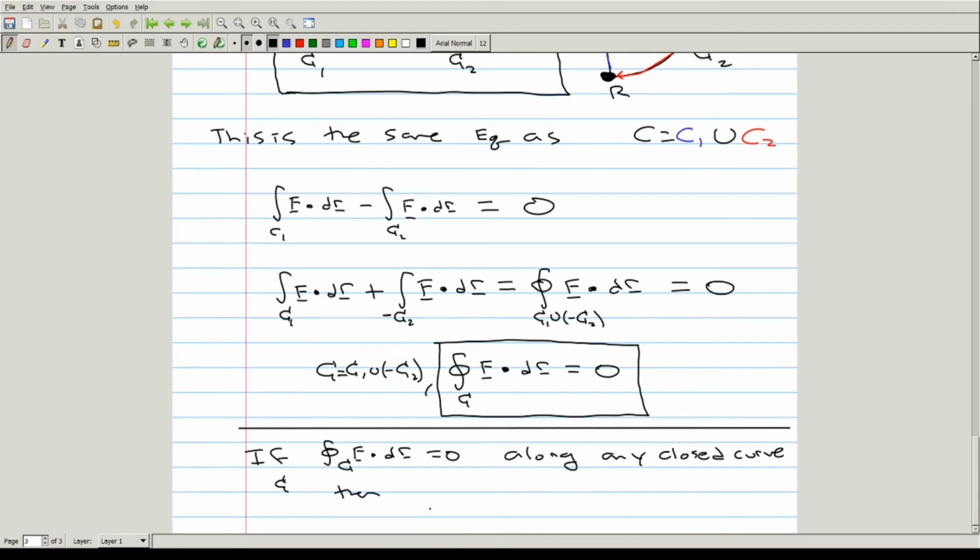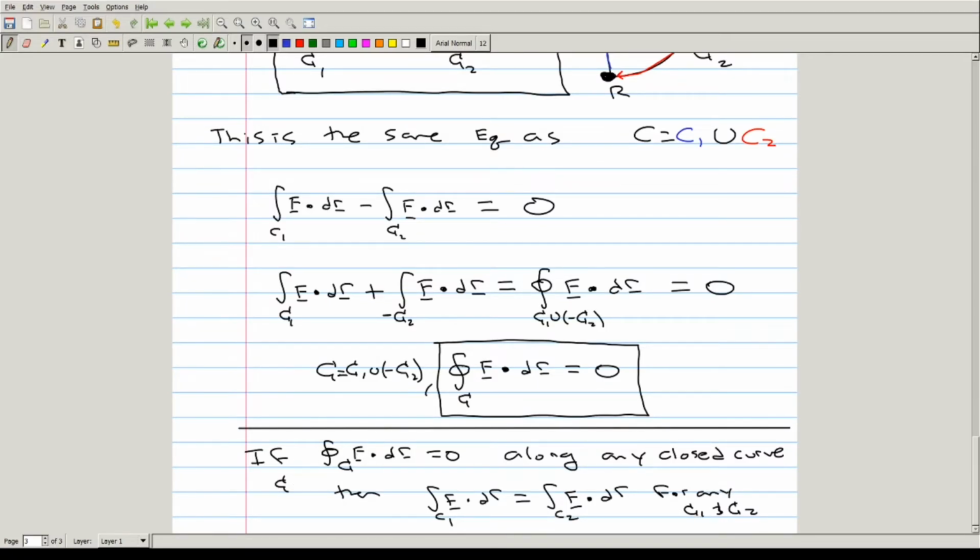then the general line integral of f along C1 is equal to the line integral of f along C2 for any C1 and C2. I recommend you go through and try to show that. It's relatively straightforward.